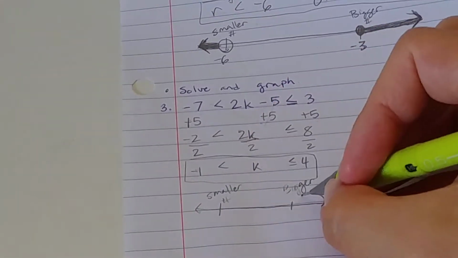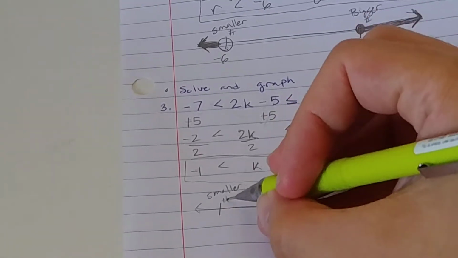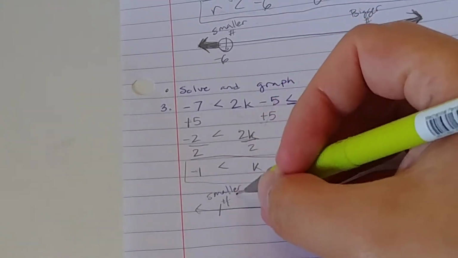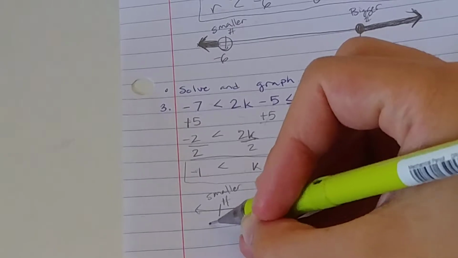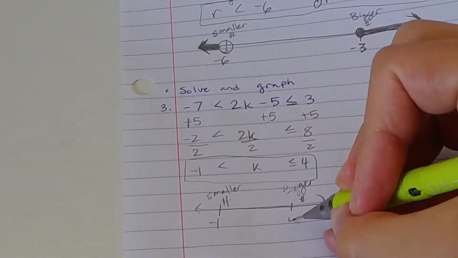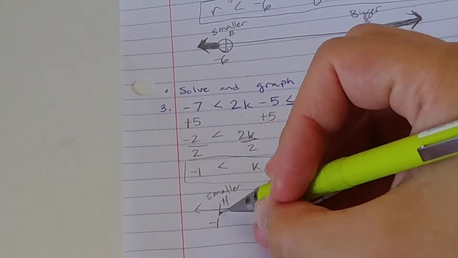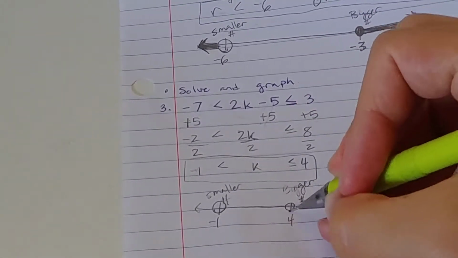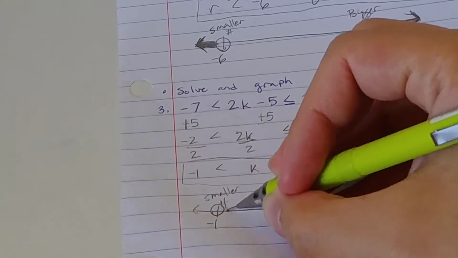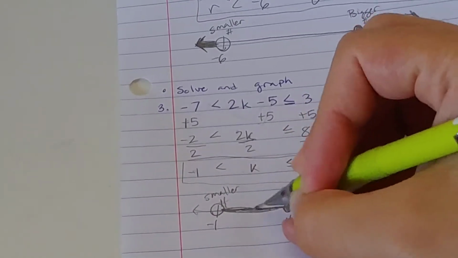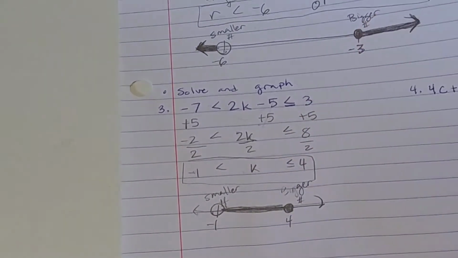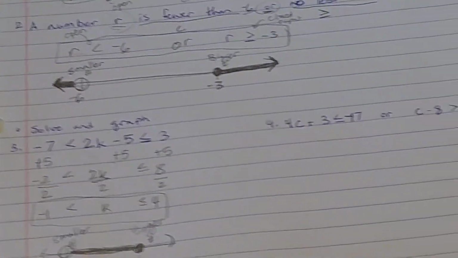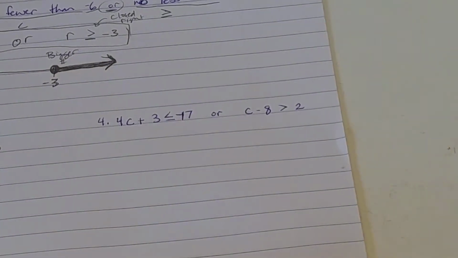So just keep that in mind, and I'll talk about that in class. So our smaller number is on the left, negative 1, bigger number on the right, positive 4, and here it's an open circle, here it's a closed circle, and it's an and, so we shade in between. Ta-da!